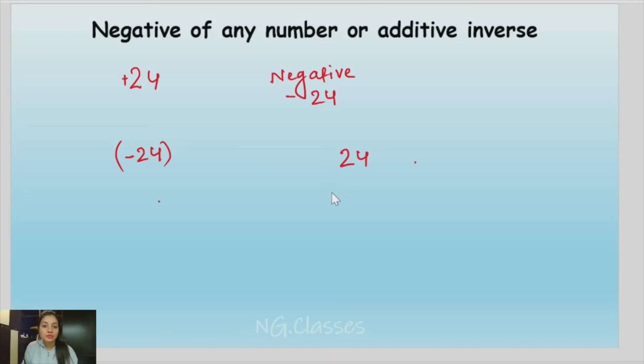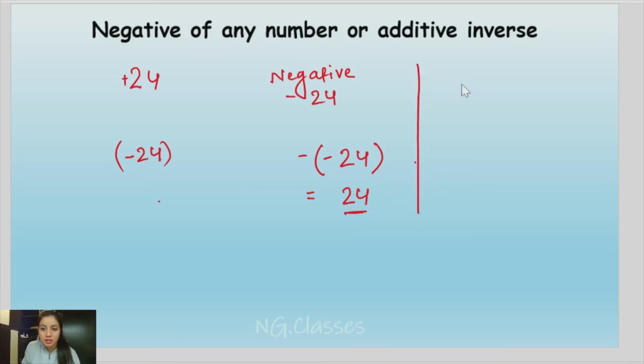So what we have to do is write the same number with the opposite sign. How did this positive 24 come? If I do the negative of minus 24, at last we get positive 24 only. We can say it's the negative of minus 24, or it's the additive inverse. What is the additive inverse?